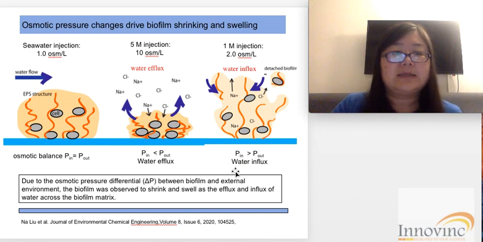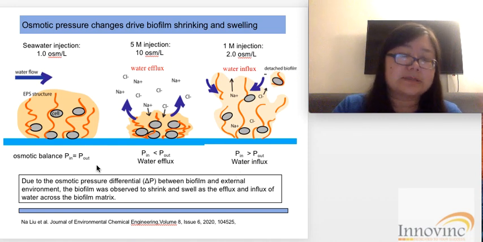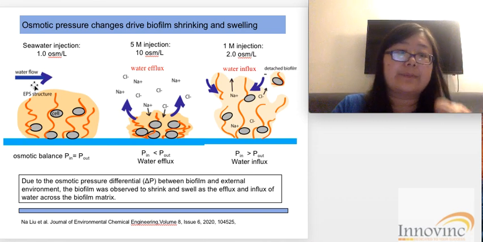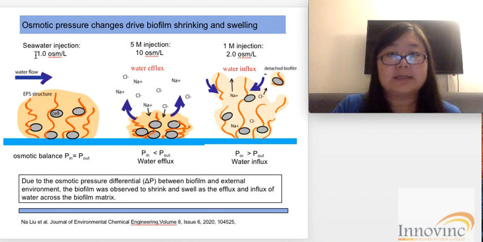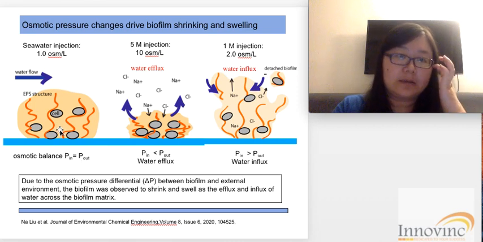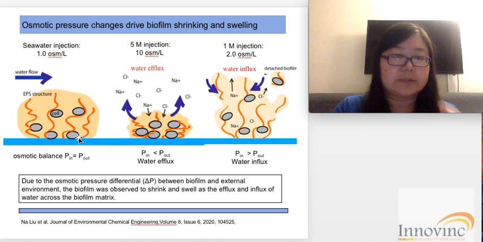To explain this: in the beginning, the mature biofilm creates an osmotic balance with the seawater injection, where the osmotic concentration equals 1. So P in equals P out, where P in is the pressure in the biofilm and P out is the pressure in the external environment.